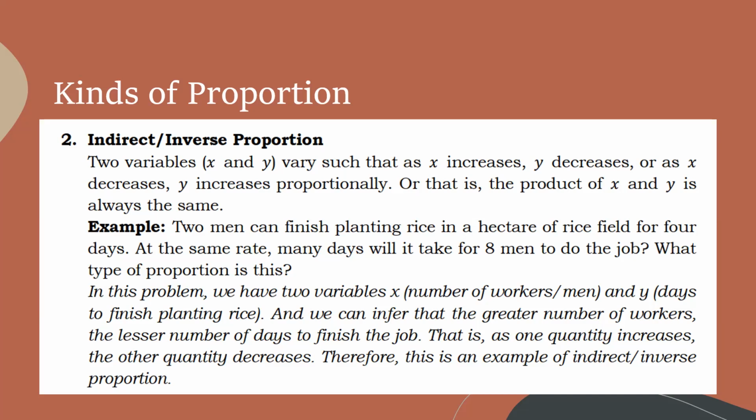Sabi nga natin, ang isang trabaho na ginawa ng 2 tao sa 3 oras, paano kaya kung 5 tao na ang gumawa ng parehong trabaho? Tataas kaya o bababa ang oras? Bababa po yung oras. So yun naman yung tinatawag natin na indirect. Kapag tumaas ang isa, bababa ang isa.